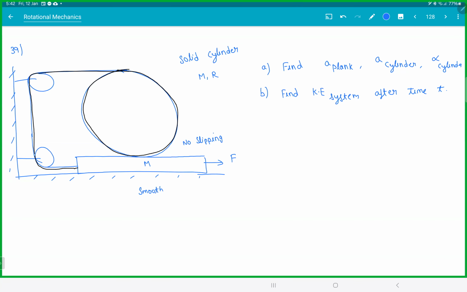Acceleration of the cylinder is interesting. That is right, Adrit. Shall we get the remaining now?